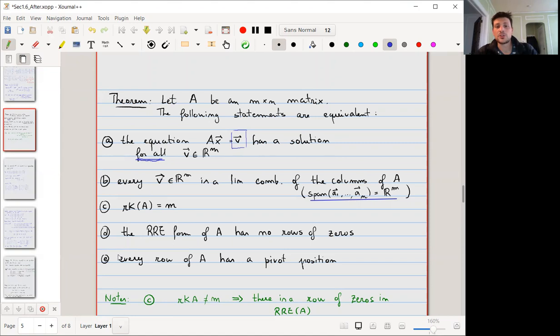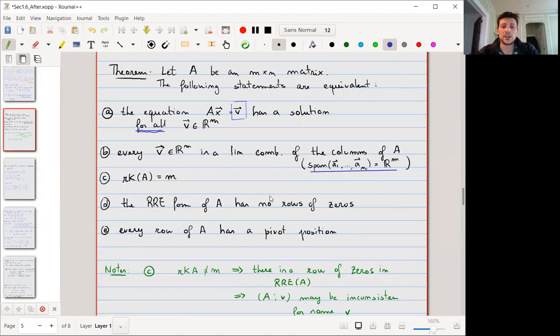In fact, the other two conditions are similar to condition C in that they involve the number of rows of zeros of our matrix. If our matrix has no rows of zeros, or if every row of A has a pivot position, then those are equivalent to the rank of A being m and the linear system with A as a matrix being consistent all the time.